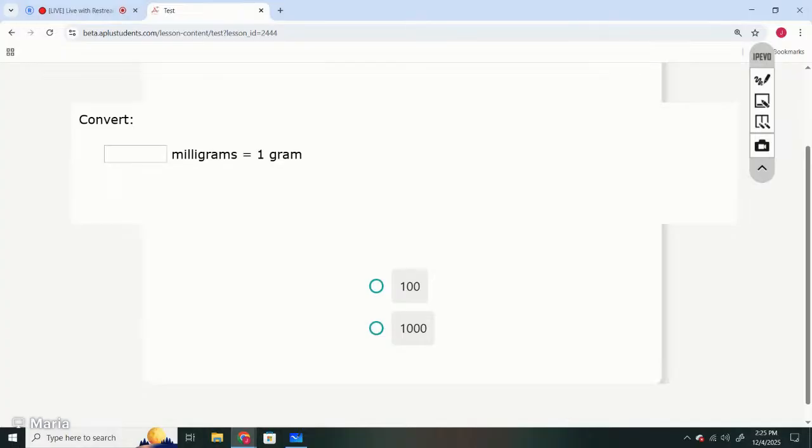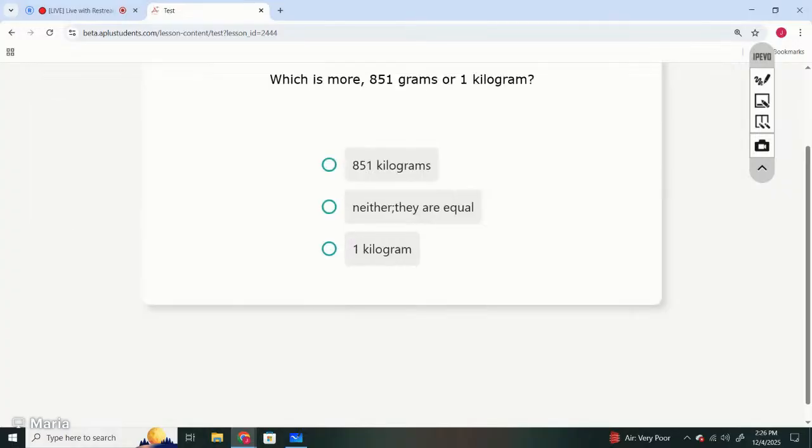One gram equals how many milligrams? 1 gram equals 1000 milligrams. Very good. Option number 2 is the correct option.